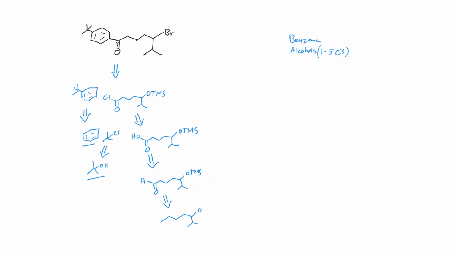So let's get it protected. Remember, we're still working backwards. And you can see here now that I can selectively deprotect one of these if I need to get here. And then I can turn my aldehyde into an acid, I can turn my acid to acid chloride, and I can make my final product.